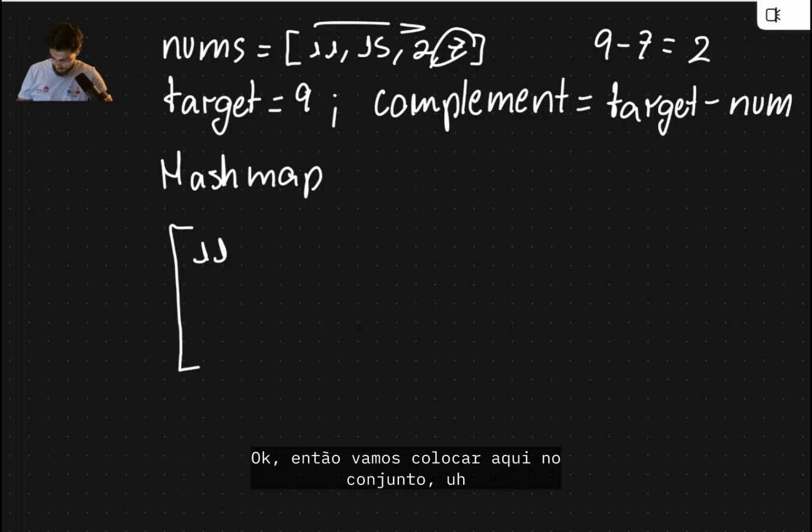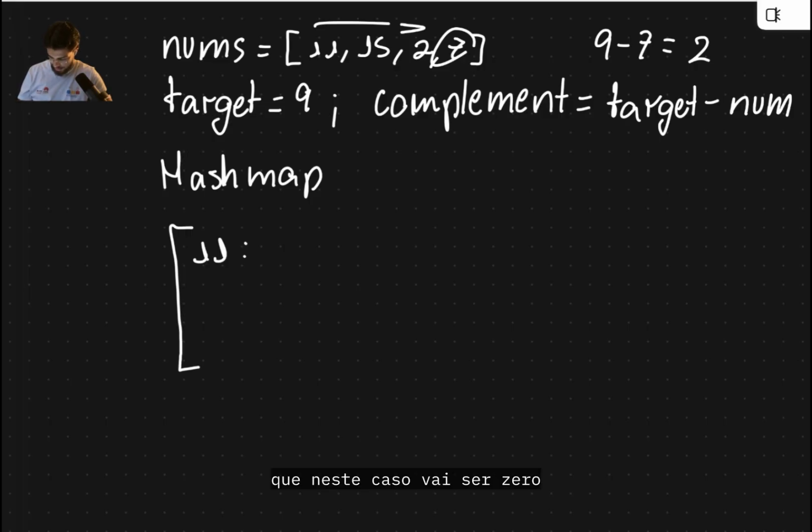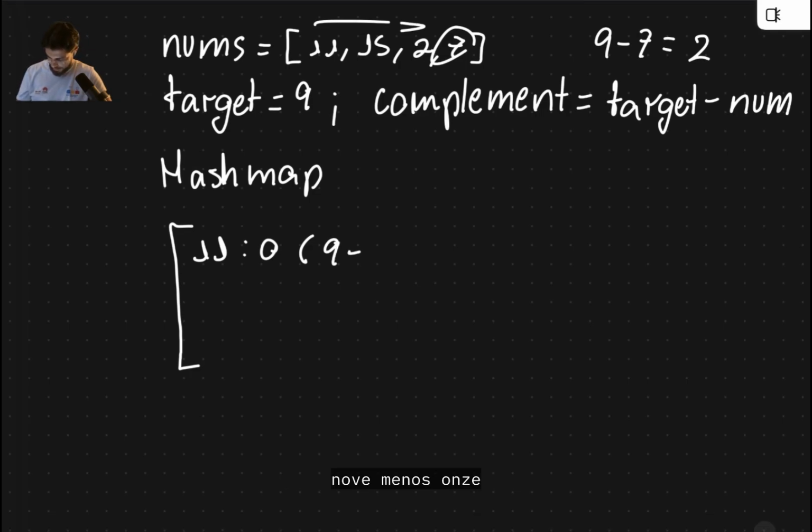So we're going to put here in the set 11 and its index, that in this case is going to be 0. Let me just write it down so it's visually easier to understand. The complement is 9 minus 11, which is equal to minus 2. And we're going to do this for all of them.